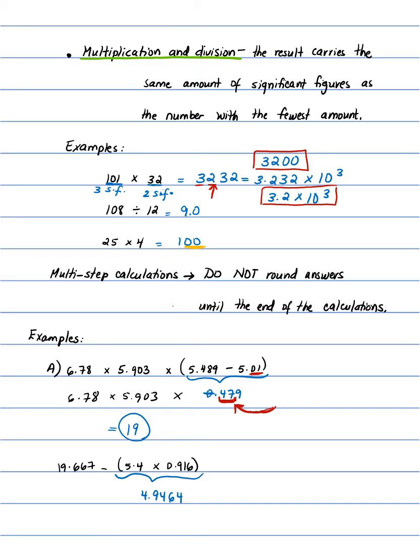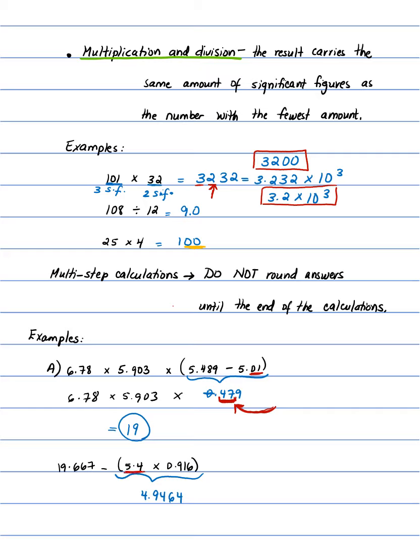When you're multiplying, you're keeping as many significant figures as the number with the fewest amount. 5.4 is 2 significant figures. 0.916, that's 3 significant figures. So out of your whole number, 4.9464, only 2 digits are significant.